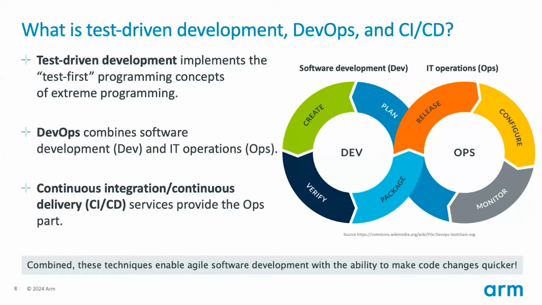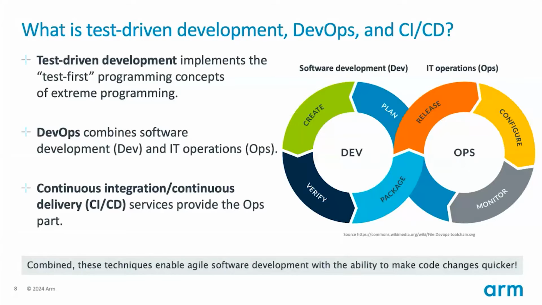Test-driven development embraces the fact that software requirements are converted to test cases before the software is fully developed. So you do test first before you write the actual code. You write the test cases based on the requirements.